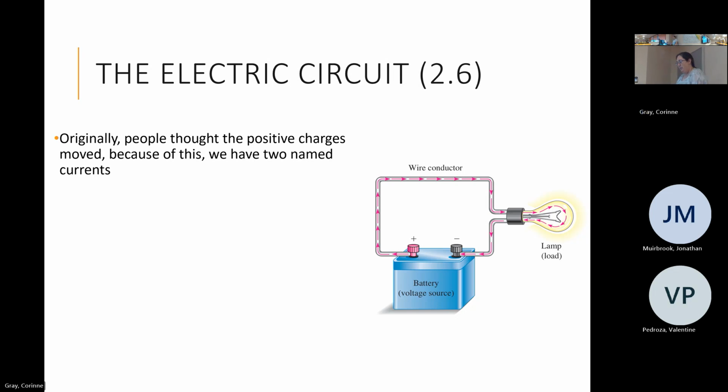Bless you. So with this circuit here, I want to call attention to the direction of the arrows and think about what this textbook is called. If we look at it here, I have the positive end of my battery, and I'm drawing my current as if it's coming out of the positive end of the battery. This is the conventional current.